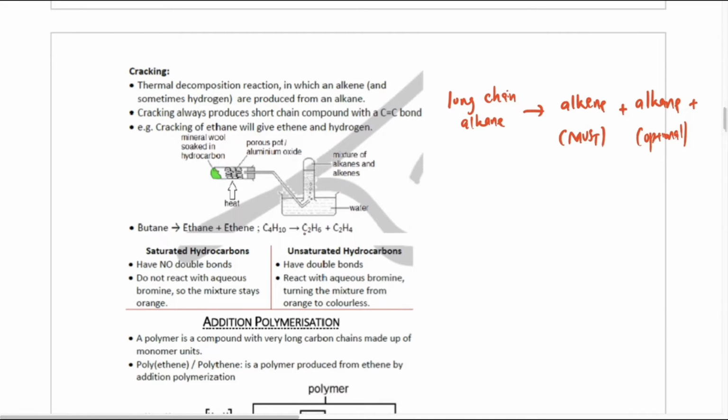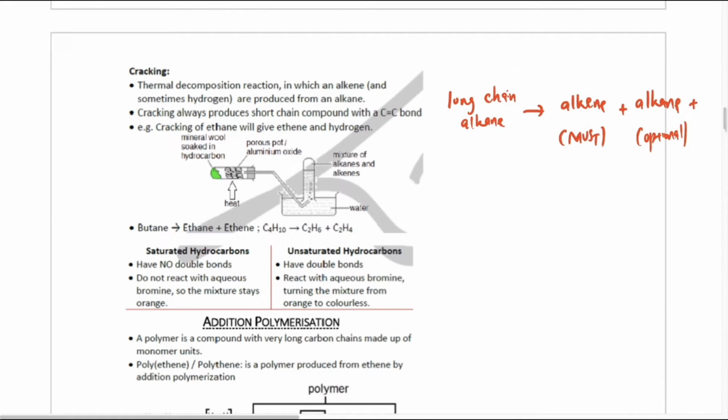So the alkene formed is ethene, C2H4. This is a different equation compared to this. They use butane. Butane cracks and forms ethane and ethene. So C2H6 and C2H4 will come here.